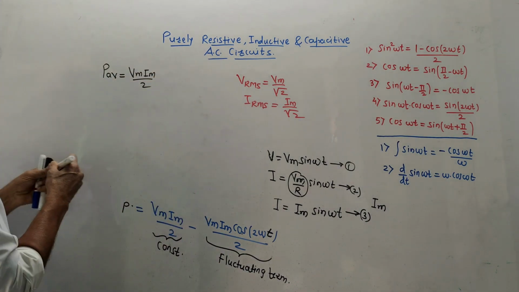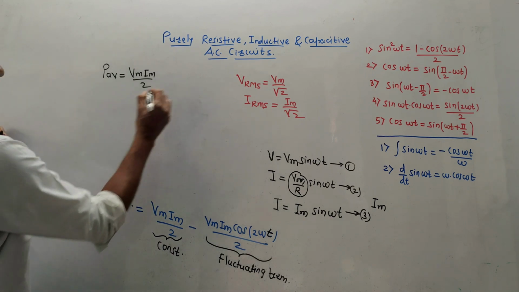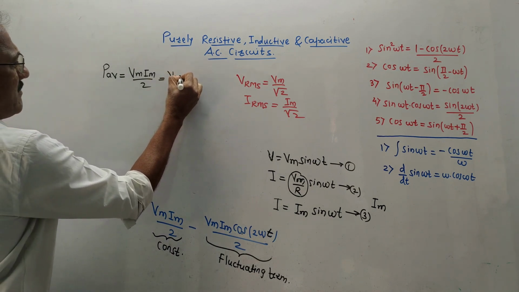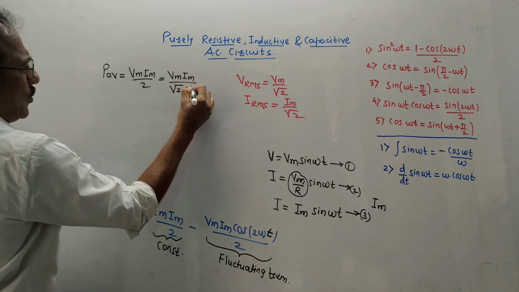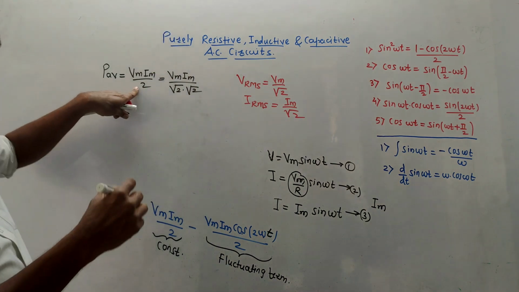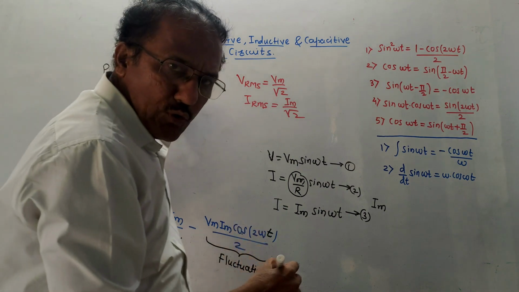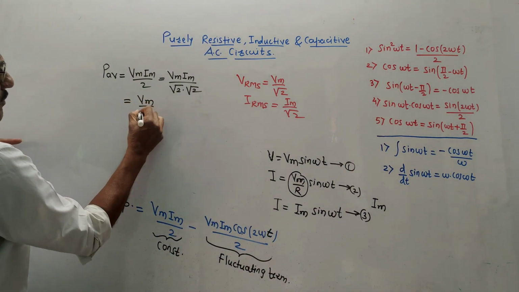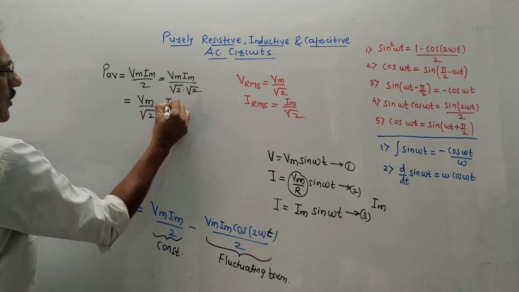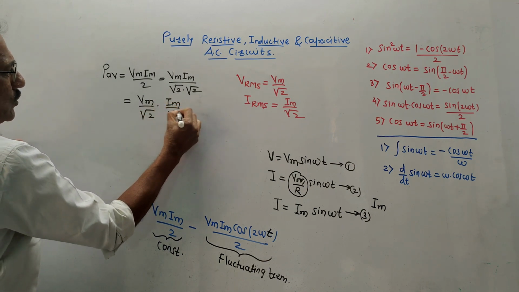So I can write this as Vm Im upon root 2 into root 2. Very simple thing. This 2 can be expressed as root 2 into root 2. Now separately I will write it like this: Vm upon root 2 into Im upon root 2.